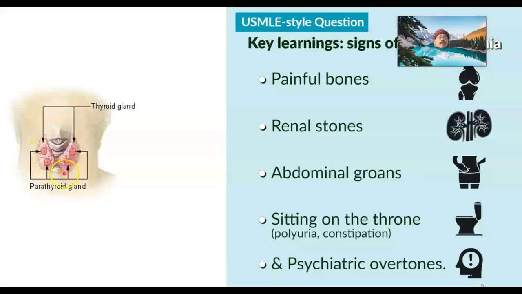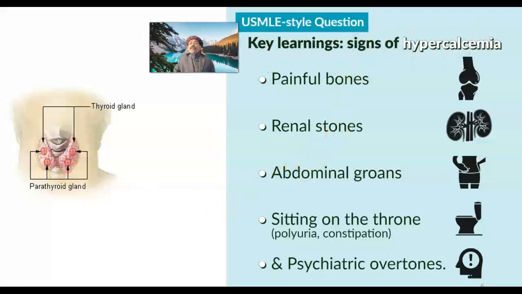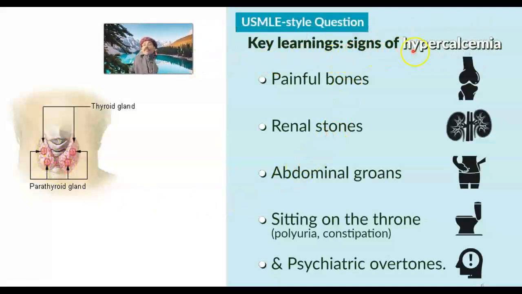This is the thyroid gland. These are the 1, 2, 3, 4 parathyroid glands. It is shown here, seems to be anterior, but it is behind the thyroid gland. This behind thyroid gland, that behind thyroid gland. Now we have just discussed key learning signs of hypercalcemia due to hyperparathyroidism. There will be hypercalcemia.